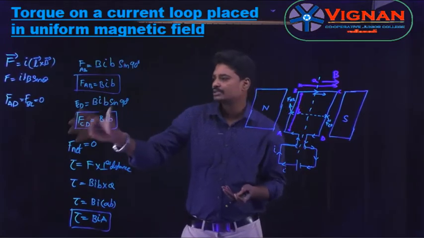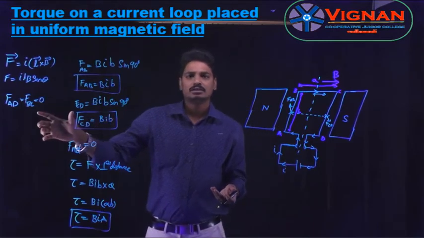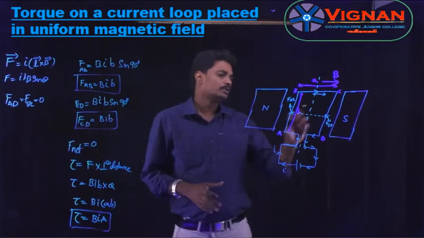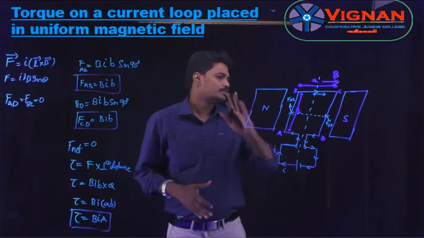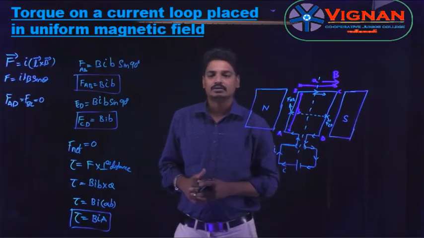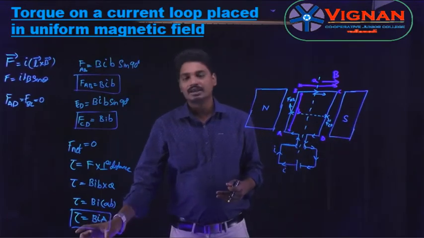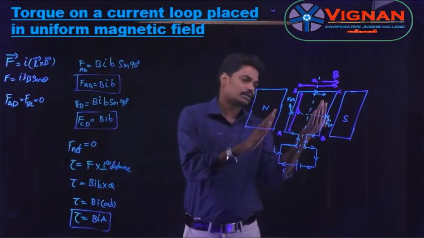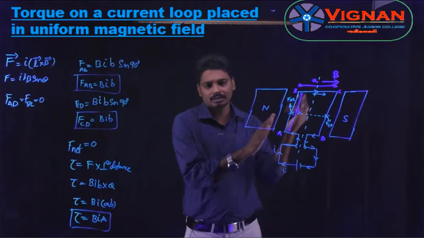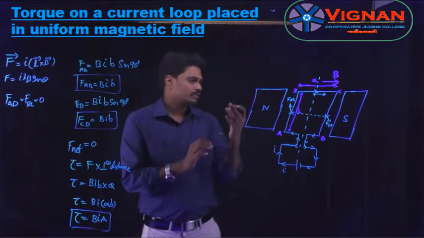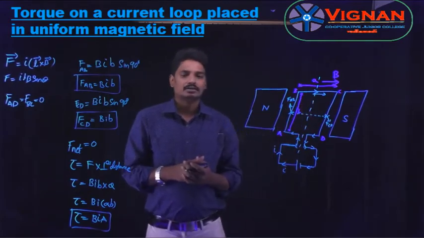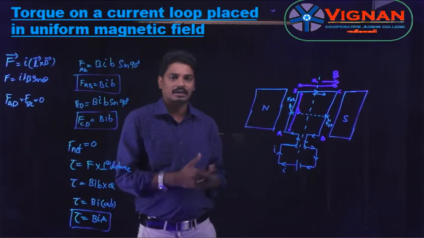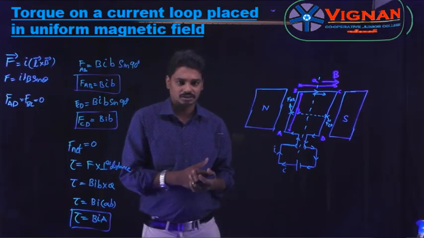In the basic case, where the plane of the current loop is parallel to the uniform magnetic field, the torque is given by BIA. Now if this current loop is at an angle theta with the uniform magnetic field, then the torque can be calculated. So let us see our discussion.